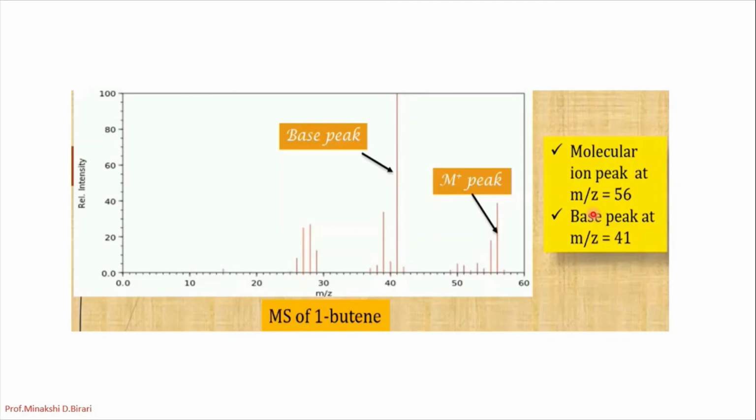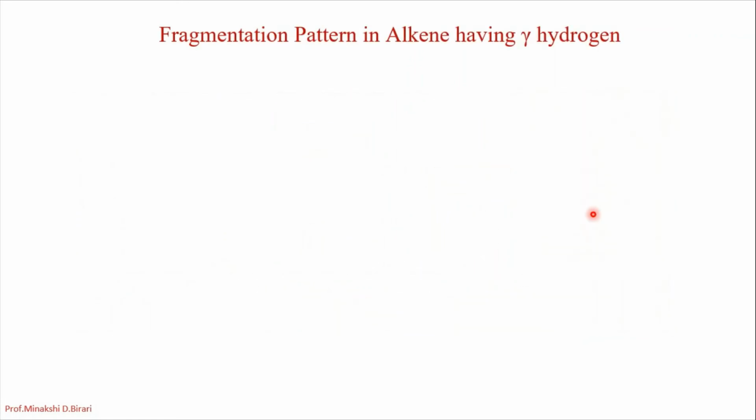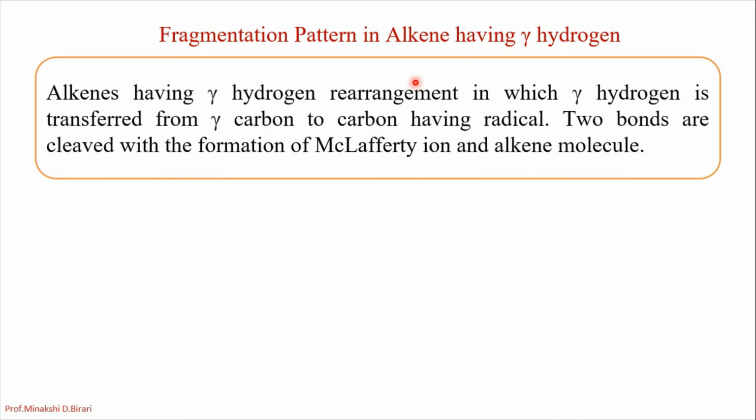Now let us see the fragmentation pattern in alkene having gamma hydrogen. So what happens if the gamma hydrogen is present in alkene? Let us see the example. Alkenes having gamma hydrogen undergo rearrangement in which gamma hydrogen is transferred from gamma carbon to carbon having a radical.